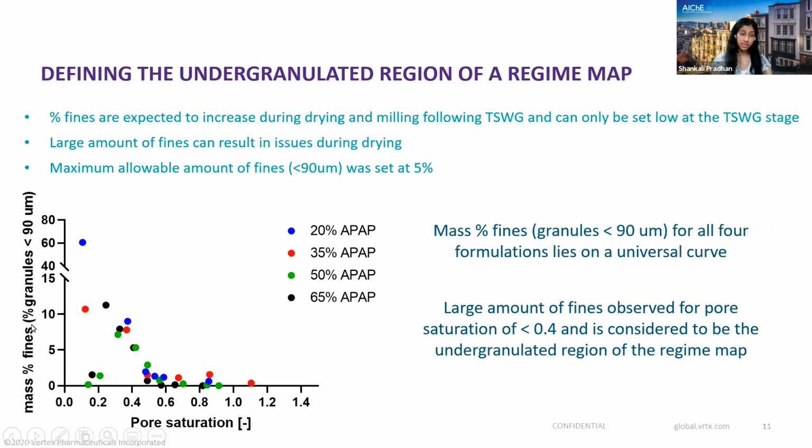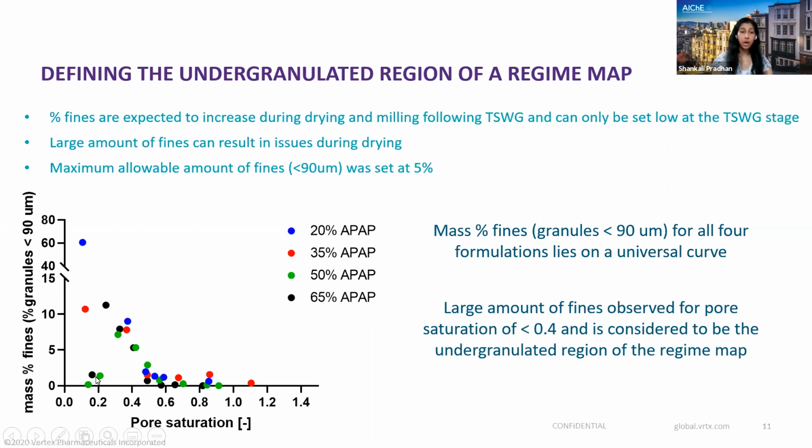When you plot the percentage fines as a function of pore saturation for all these formulations, you can see that it lies on a universal curve. These data points seem out of trend, but it's an artifact of the measuring method. We've used sieve analysis, and it gets difficult to sieve extremely undergranulated conditions for high API content, with API being a micronized API in it.